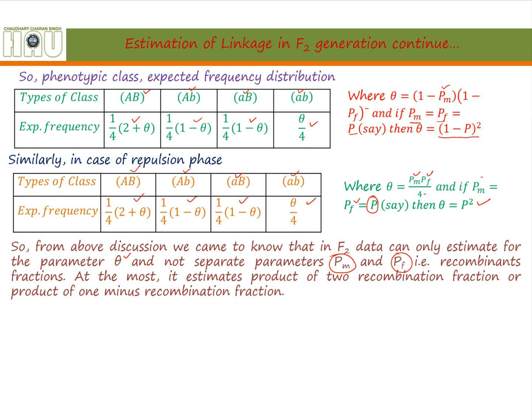We cannot estimate the recombinant fractions separately. We can estimate theta. At the most, we can estimate the product of two recombination fractions, that is PM into PF or the product of 1 minus these.